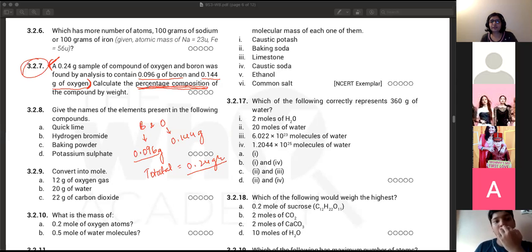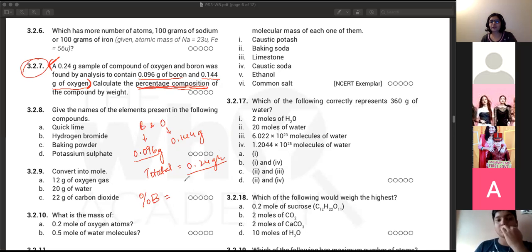Now if you have to find the percentage composition, you need to find what percentage is boron and what percentage is oxygen. Yes, ma'am. How will you find it? Ma'am, is it the mass of the element upon the mass of the compound? Yes, correct.